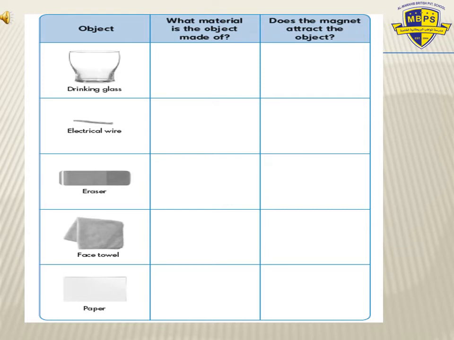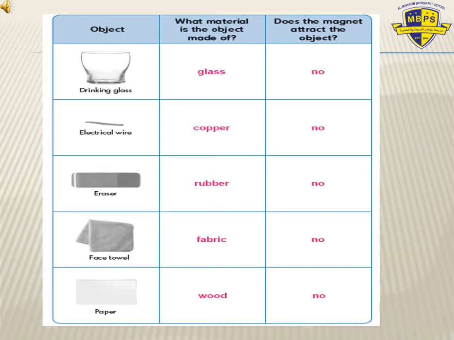What do you think these materials are made of? And do you think they are attracted to the magnet or not? Put your answer in your mind and we will discuss each one together. Remember that you can try all these materials to see if they are attracted to the magnet or not.